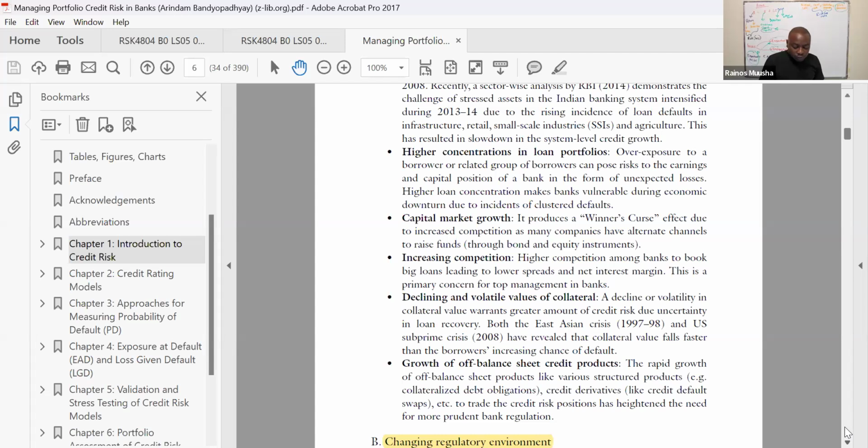Then they talk about the growth of off-balance sheet credit products, and they say a rapid growth of off-balance sheet products like various structured products, for example, collateralized debt obligations, credit derivatives, etc., to trade the credit risk positions has heightened the need for more prudent bank regulations.